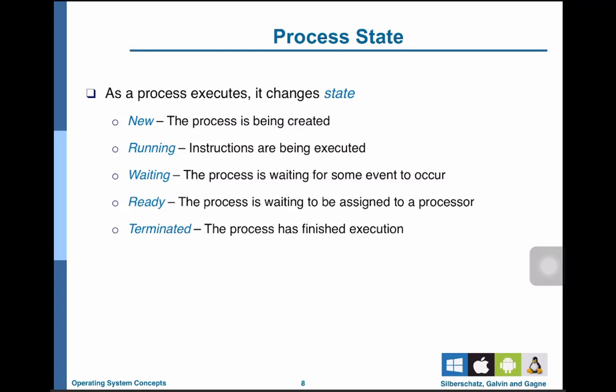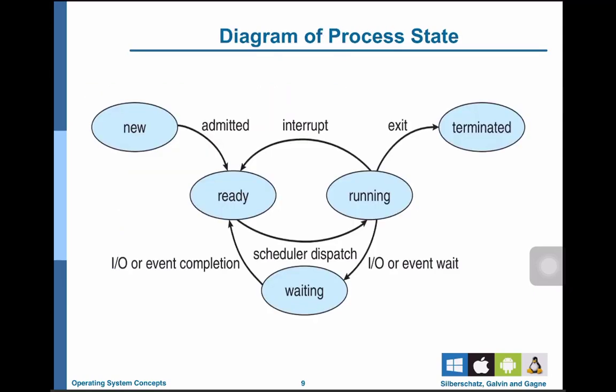During execution, it may pass from running to waiting when the process is waiting for some event to occur. If the event is completed, it passes to the ready state. When the process has finished all statements, it terminates. Here is a diagram of process states.